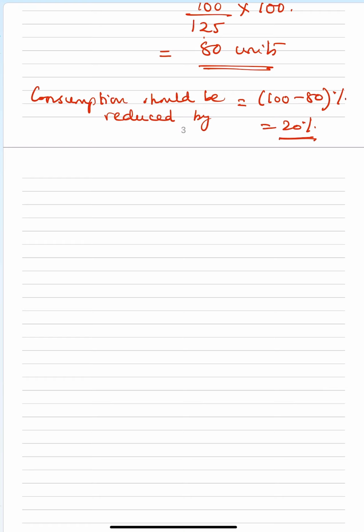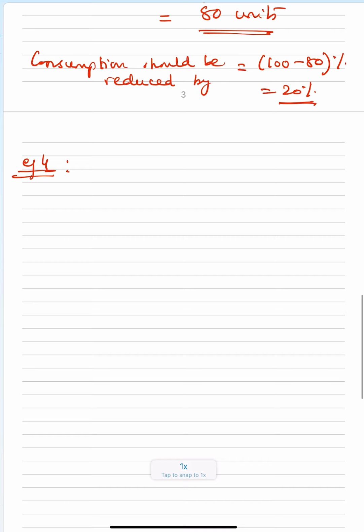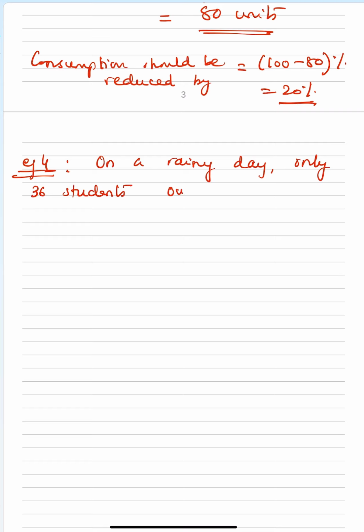Now let us do one more sum. On a rainy day only 36 students out of 48 came to the class.